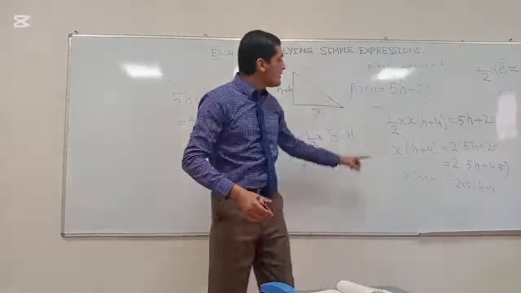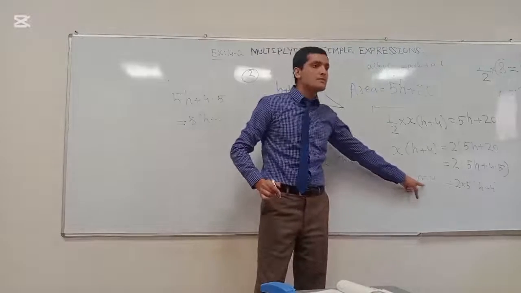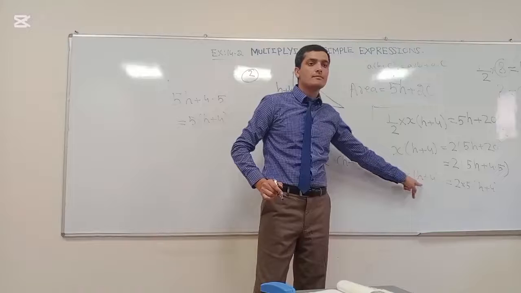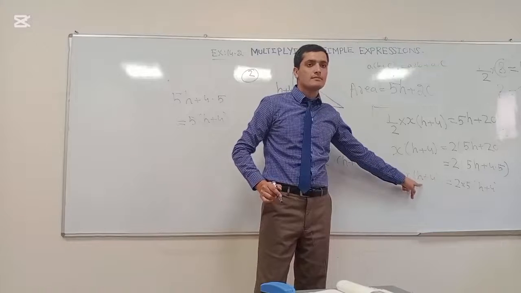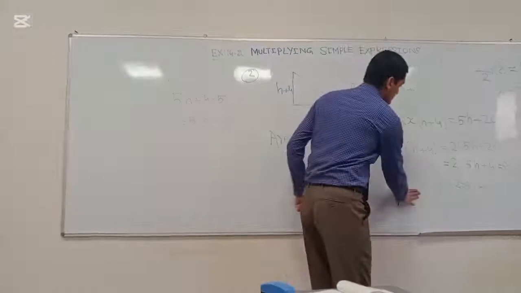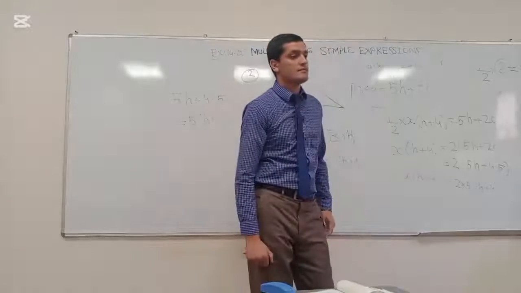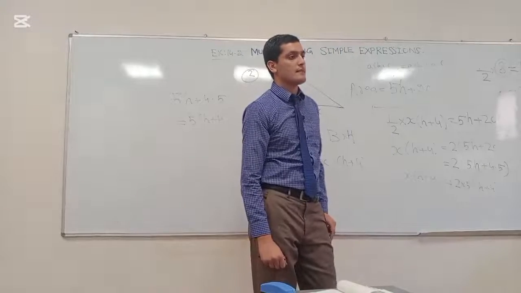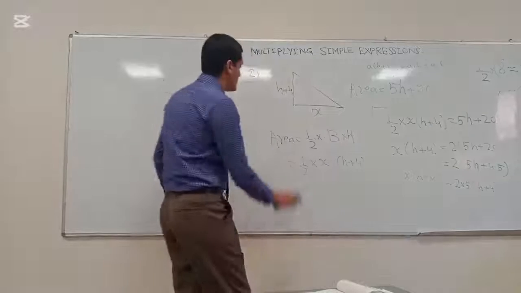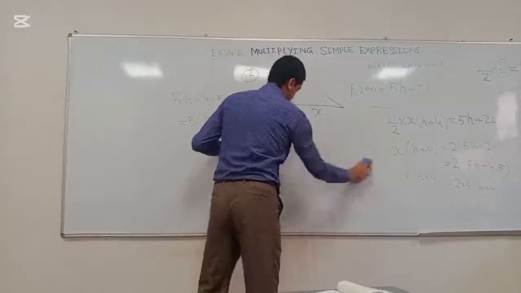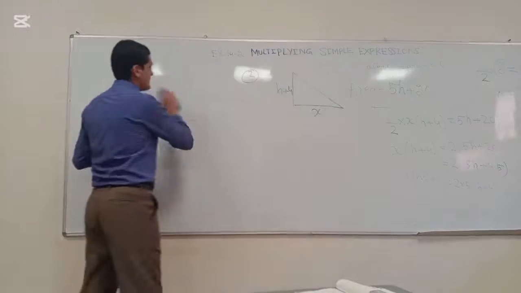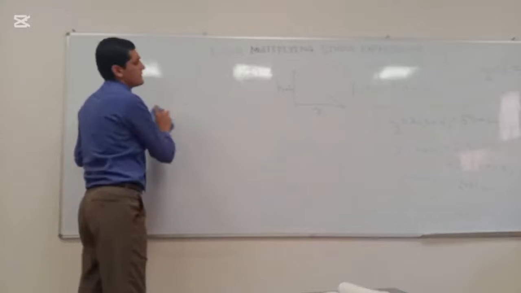Understand? So divide both sides by h plus 4. Then what will remain here? Let me do it in another way if you are having trouble.